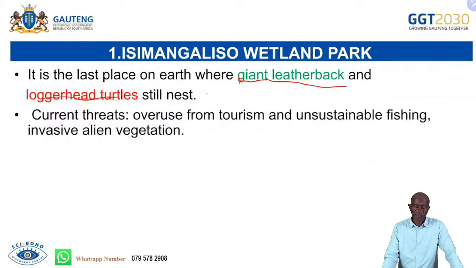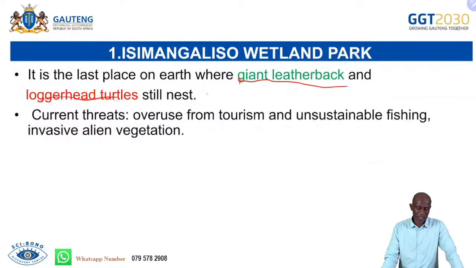There is a process taking place that is very unsustainable, that of fishing, which threatens to make some of the fish species extinct, and also the invasive alien vegetation.